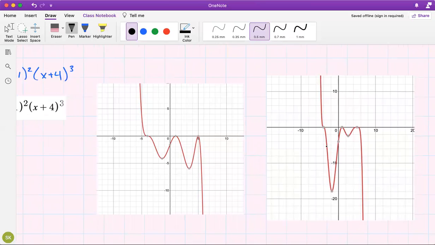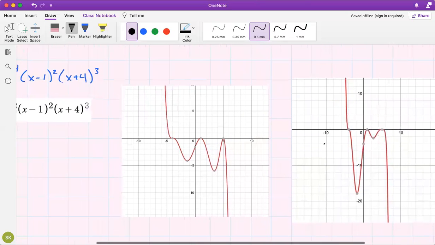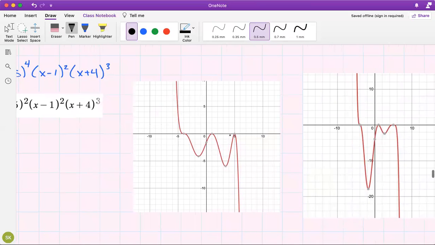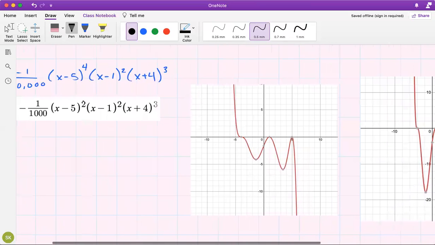So if we were sketching a graph, this graph could pass as this graph if we weren't very careful. But notice the similarities. Like I said, we touched here, and that's because of these multiplicities. Again, we have even, even, so we touch, touch, and here we have odd, so we just cross here.